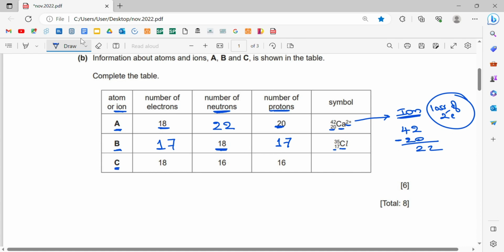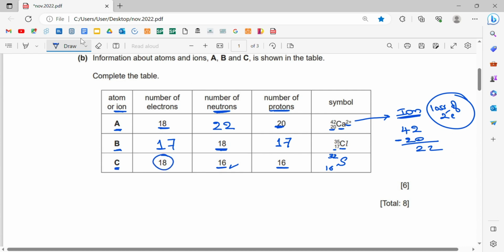What about atom or ion C? We have number of protons 16. So the proton number 16, if we look at the periodic table, which element has the proton number 16? It is sulfur. So the proton number is equal to 16. What about the number of neutrons? It's already given 16. The mass number is equal to 32.